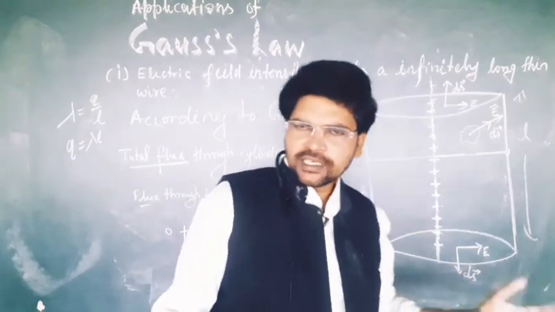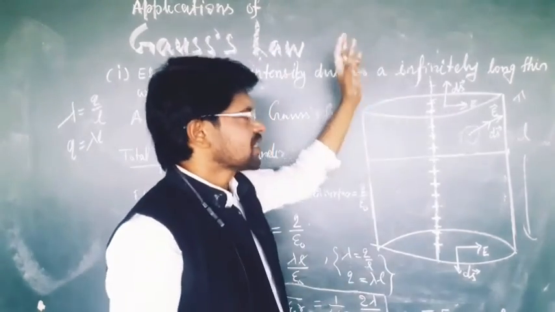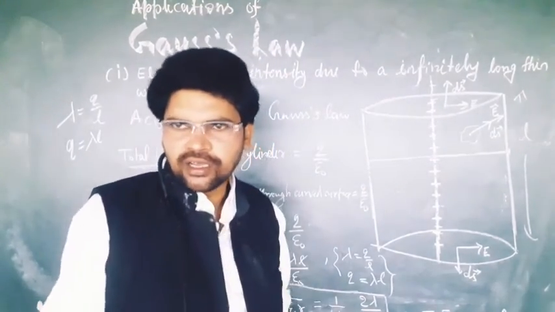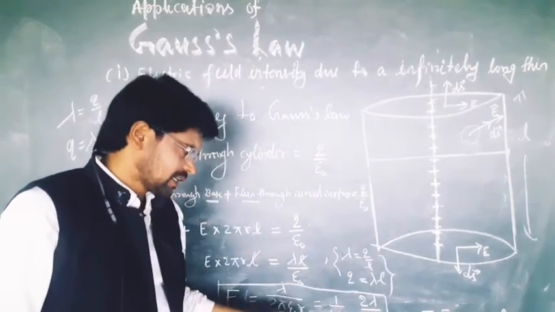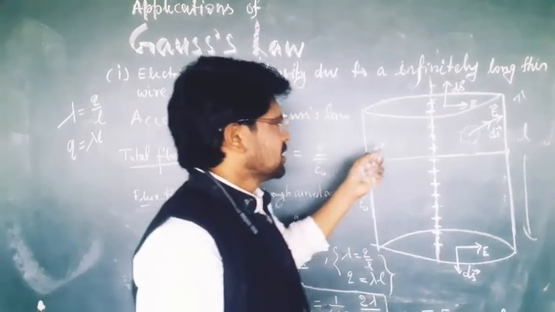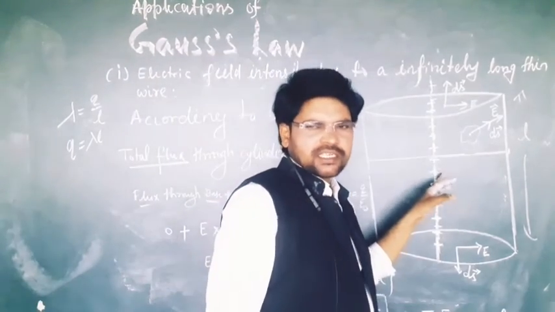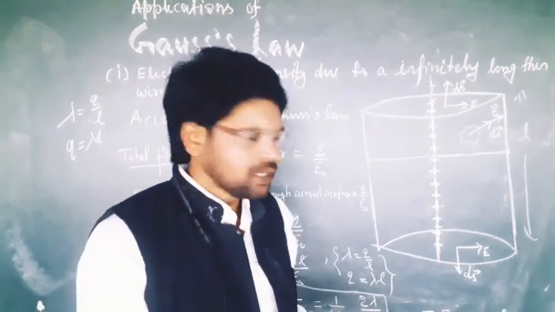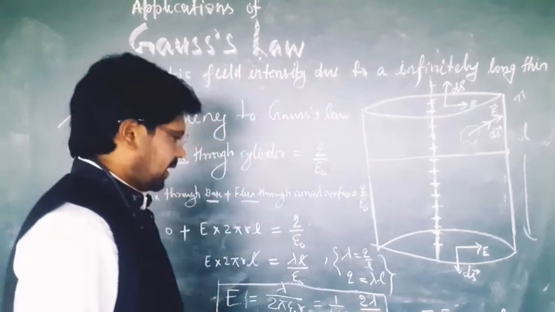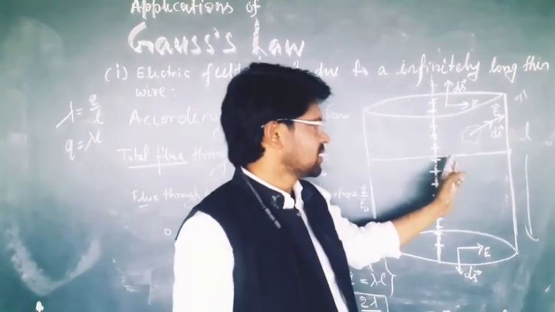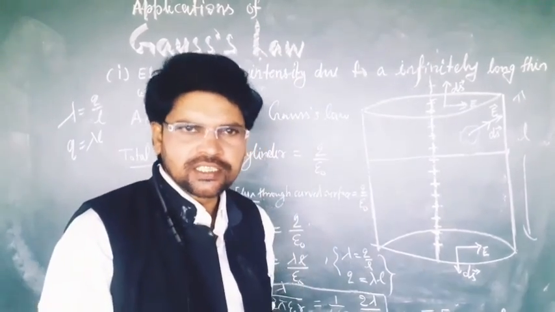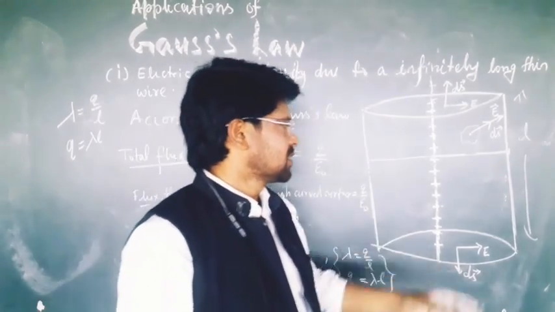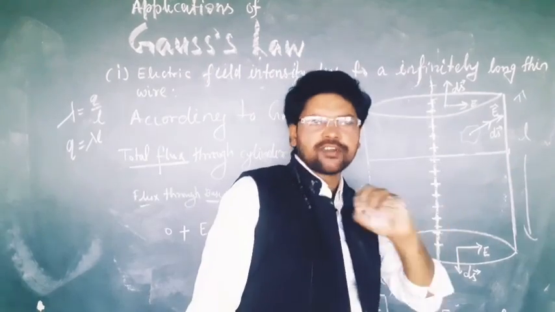So for a straight wire, whether it is infinitely long or not, the electric field intensity depends only on the linear charge distribution lambda, and also on the radius, that is, the distance of the point where the electric field intensity is calculated.